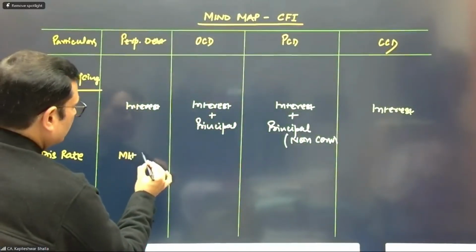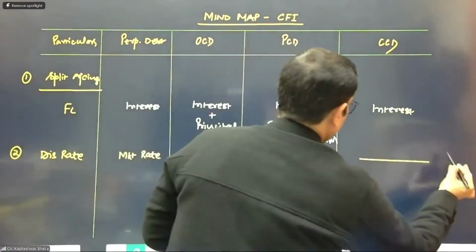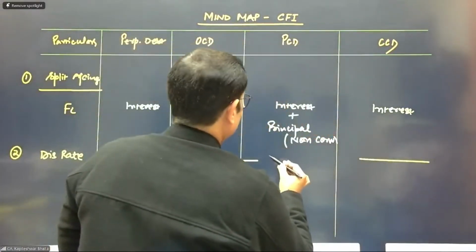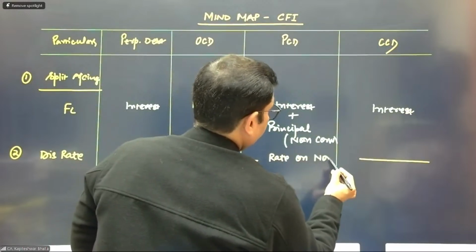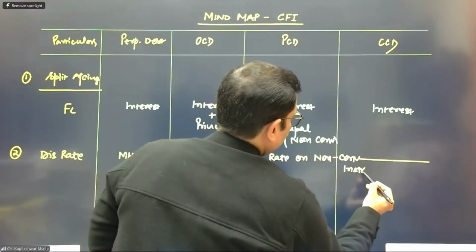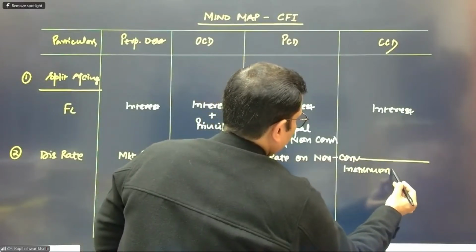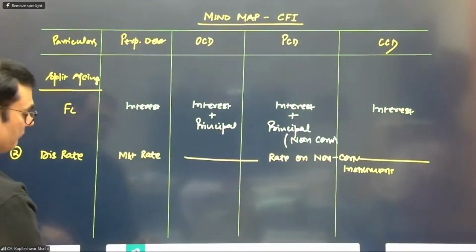Here I would consider a market rate, which the question will give me. And in all these other cases, I will take the rate on a non-convertible instrument. The question will give you the rate of interest on a non-convertible instrument, and that would be taken for the purpose of calculating the present value. Next, number 3.